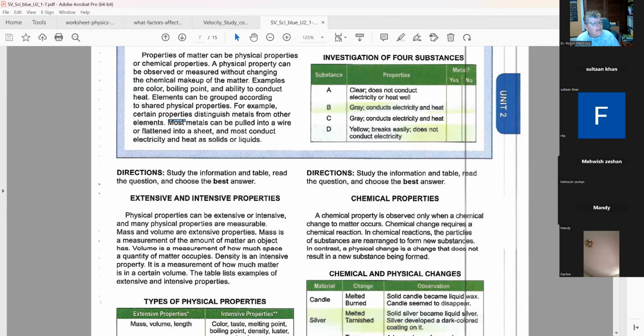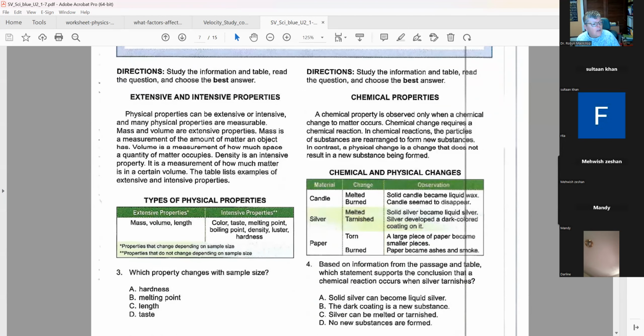All right, let's do extensive and intensive properties. We are looking at which property changes with sample size. So extensive properties are mass, volume, and length. Mass is weight, how heavy or how light.